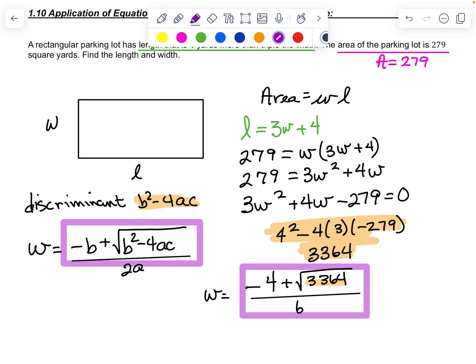and let's round it to the nearest tenth. To the nearest tenth, I think makes sense.